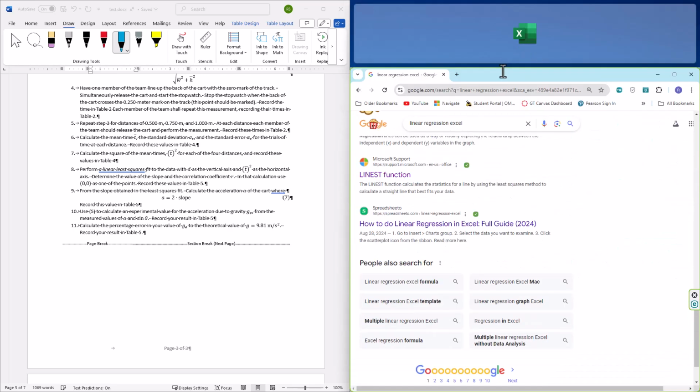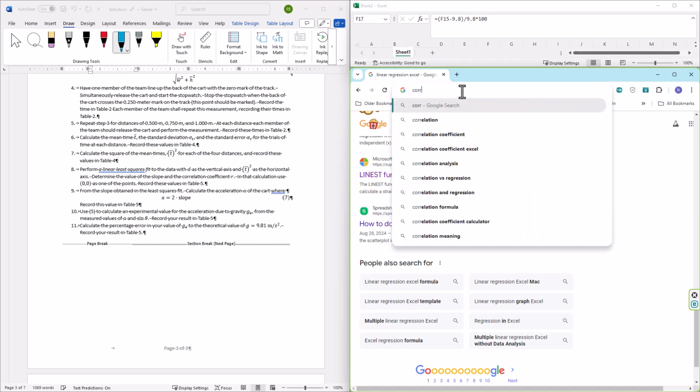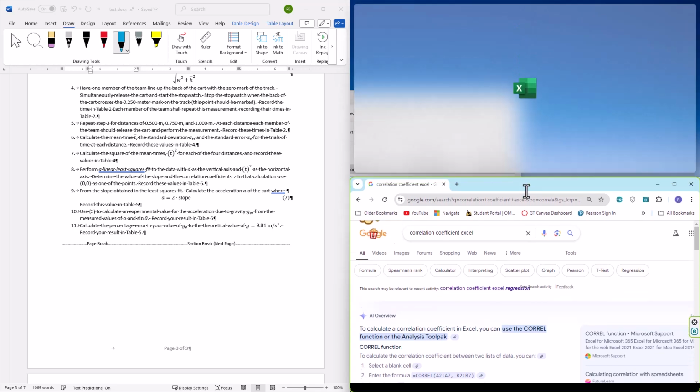What we can do is bring up our window here, type in correlation coefficient Excel, there it is, and look what it tells you. It tells you to use CORREL, just like this. Enter the formula CORREL with our two ranges. Now, once again, we are working with distance and time squared.